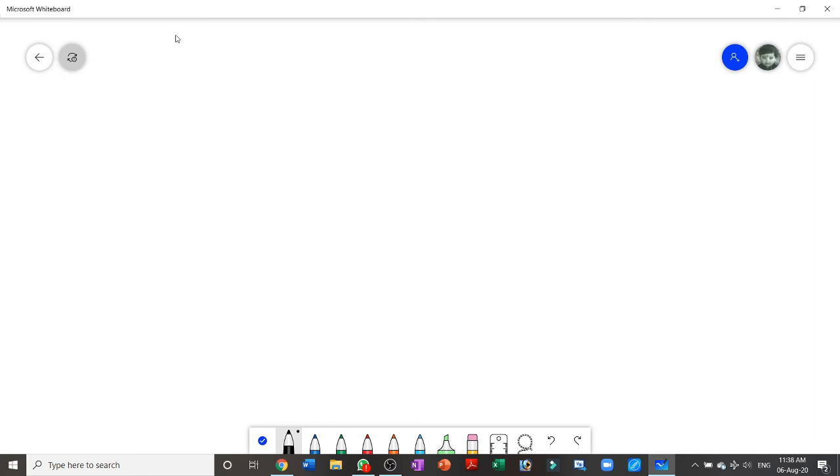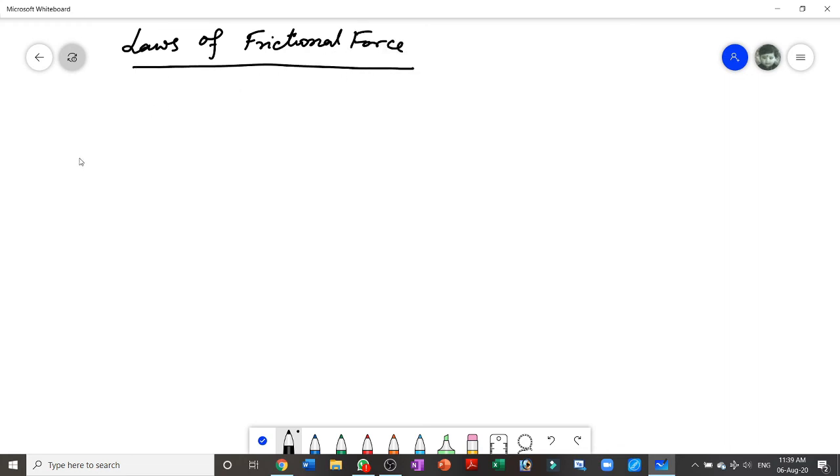Now what are the laws of frictional force? What is the first law? Static friction depends upon the nature of the surfaces in contact.